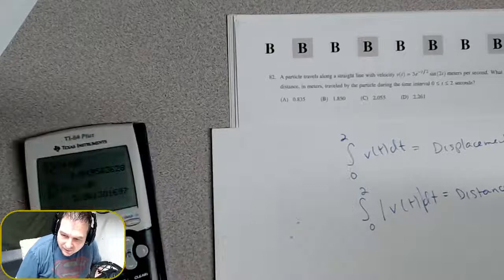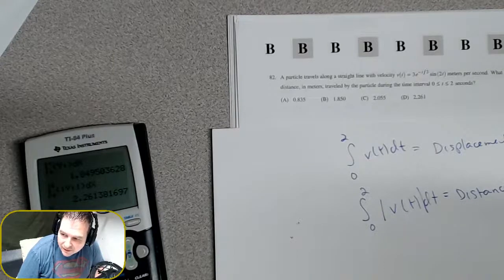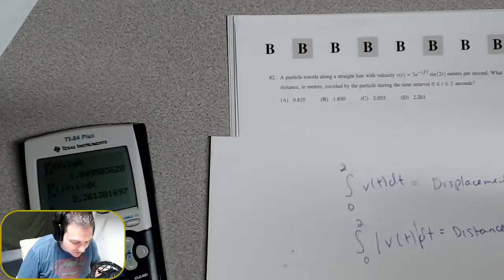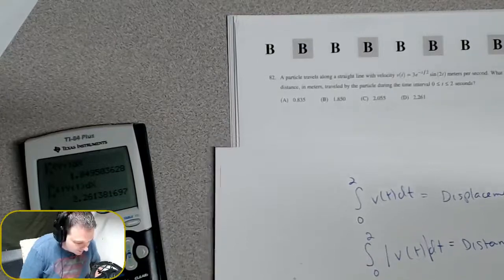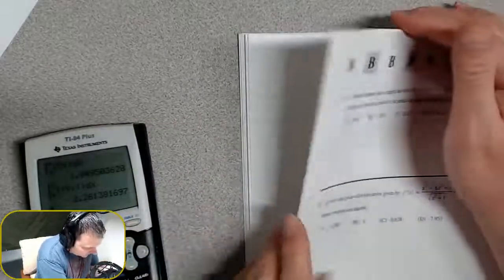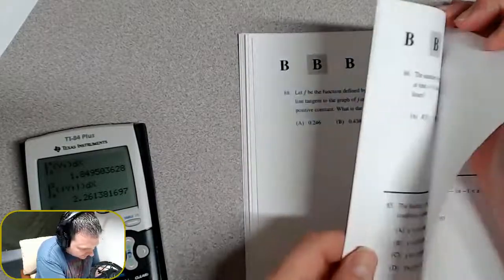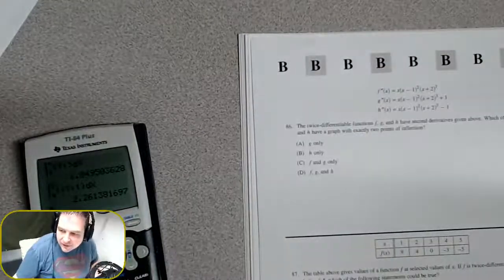There was another one on the with calculator one. Take a look at your with calculator. Look at number 42, which would be over here, which would be, let me double check, 42.